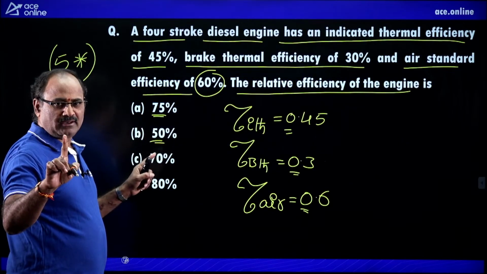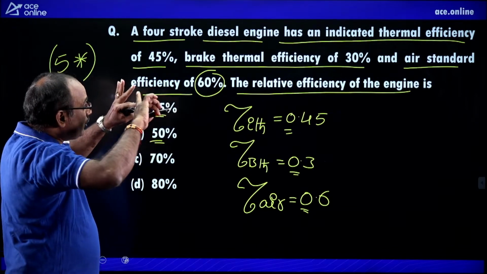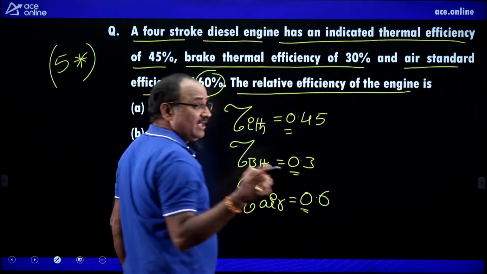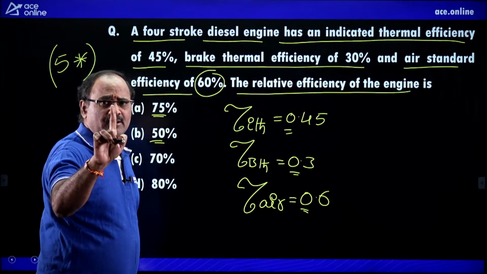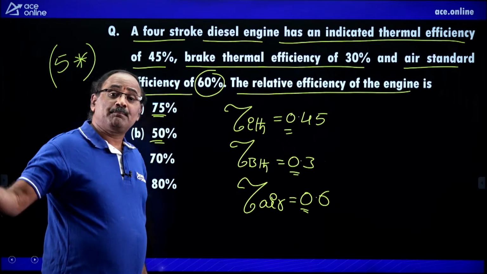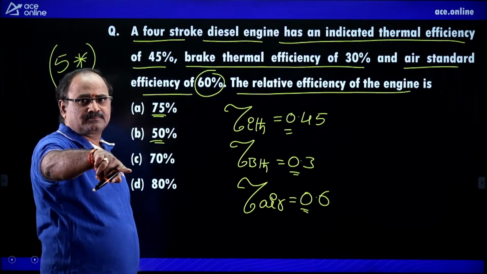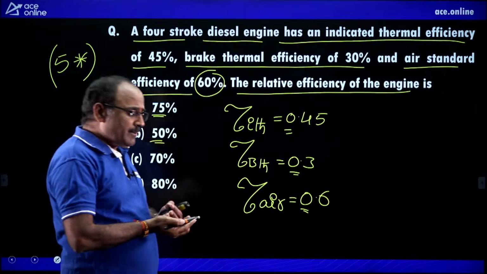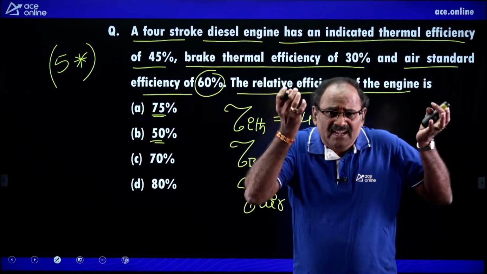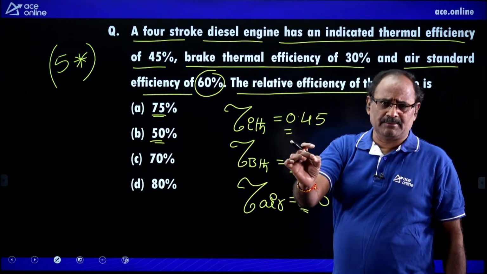Which option should you take? Remember, if both indicated thermal efficiency and brake thermal efficiency are given, you need to decide, and this is a very, very important point, the relative efficiency based on the power developed by the engine. Power developed by the engine means indicated power only. The power developed inside the engine cylinder is called indicated power.